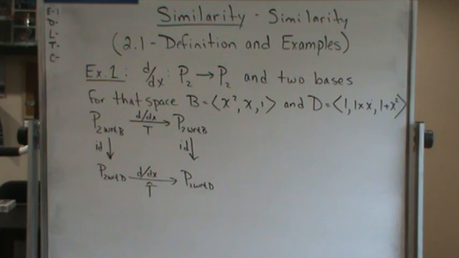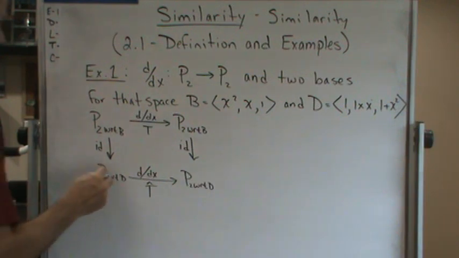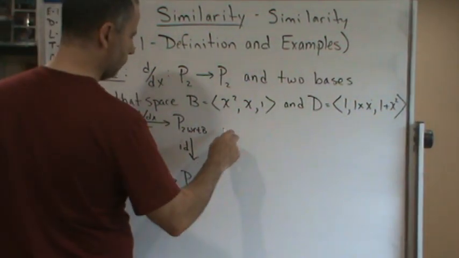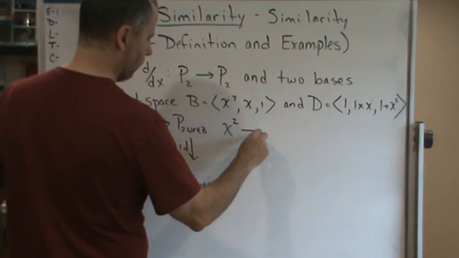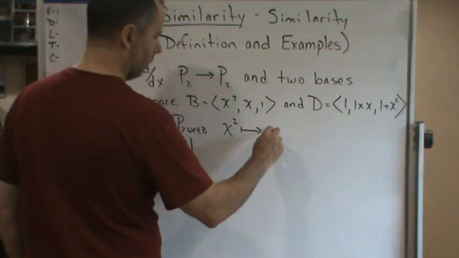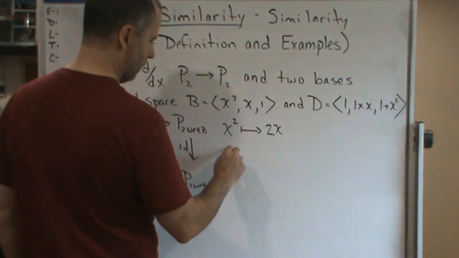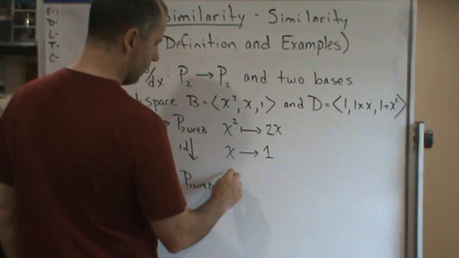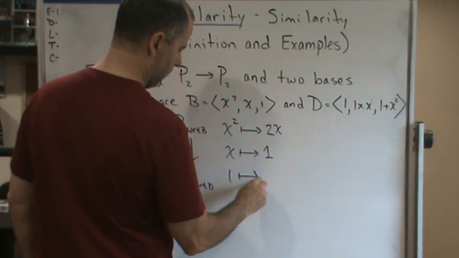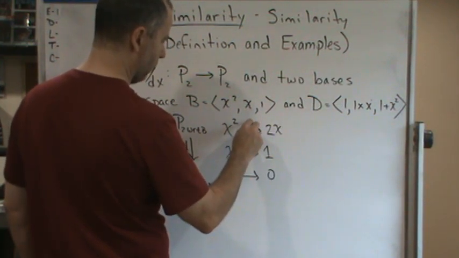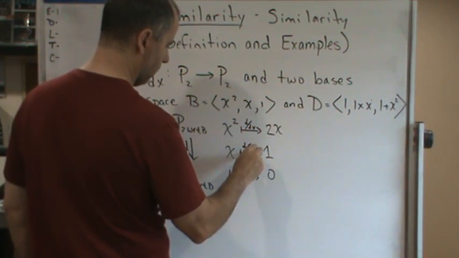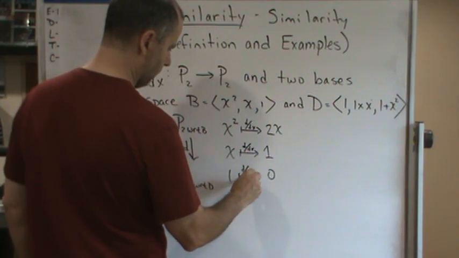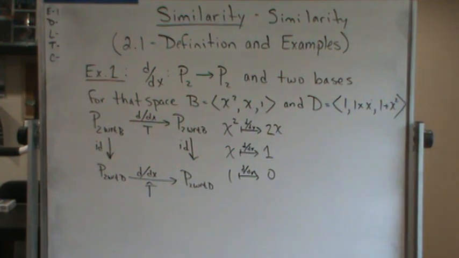What we're going to do is with respect to the starting basis, which is B. This mapping is going to take x squared and map it to 2x, take x and map it to 1, and then take 1 and map it to 0. So this is all by d dx, right?